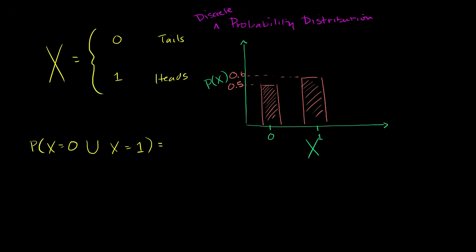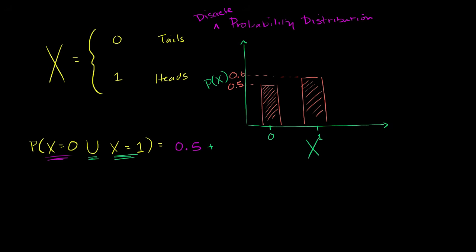Well, over here, we would just add the two probabilities. So the probability of this one right over here is 0.5. And then we're taking a union. And these are mutually exclusive events, so we can just add the two together. And then we have the probability of getting a 1, which is 0.6.